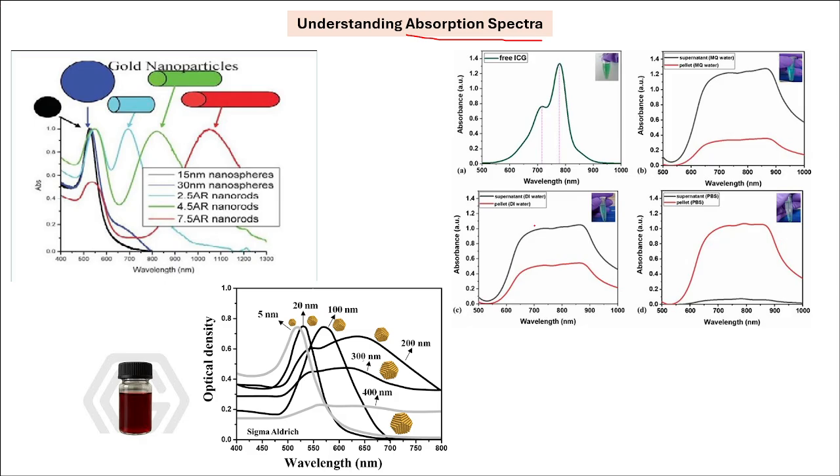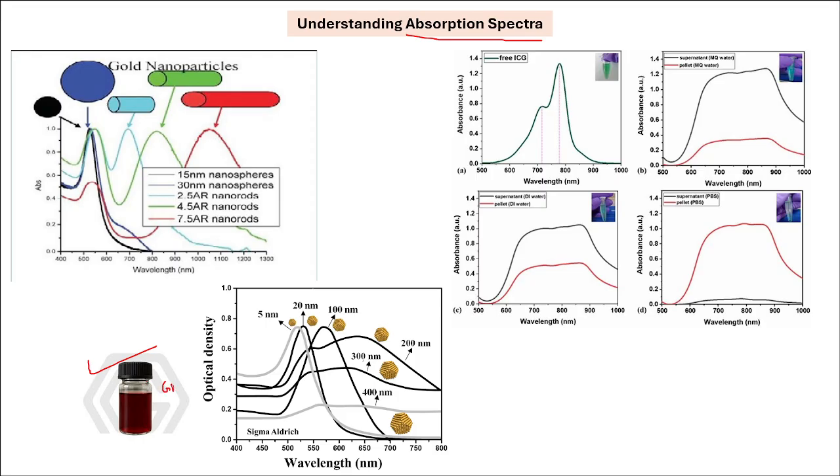If you remember, in the previous class we discussed different types of gold nanoparticles that are available, like spherical, rod shaped, and other shapes as well, like gold stars, gold urchins, and all those things. Now, suppose this is the gold nanoparticle suspension.